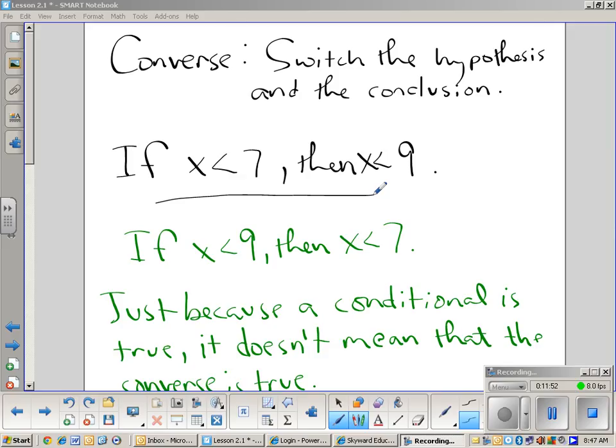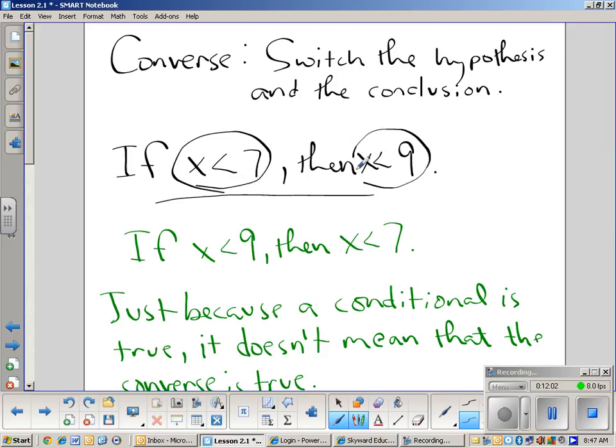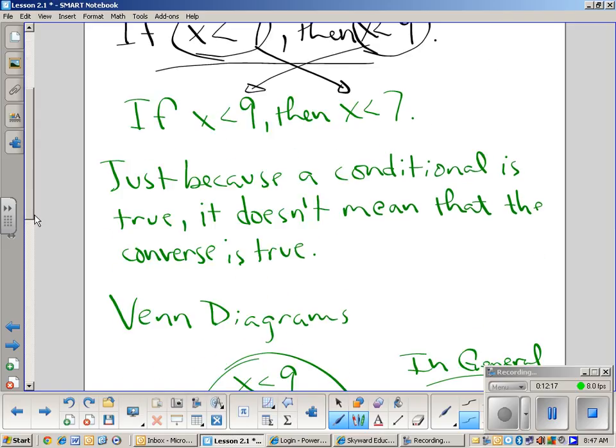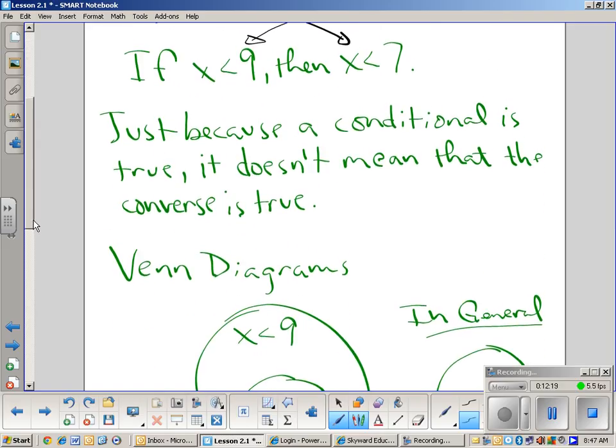Is 7 less than 9? Yeah. Is it less than 7? No. So the converse, where I take the hypothesis and the conclusion and switch them around, gives me a different statement, and in this case, the converse is not true.